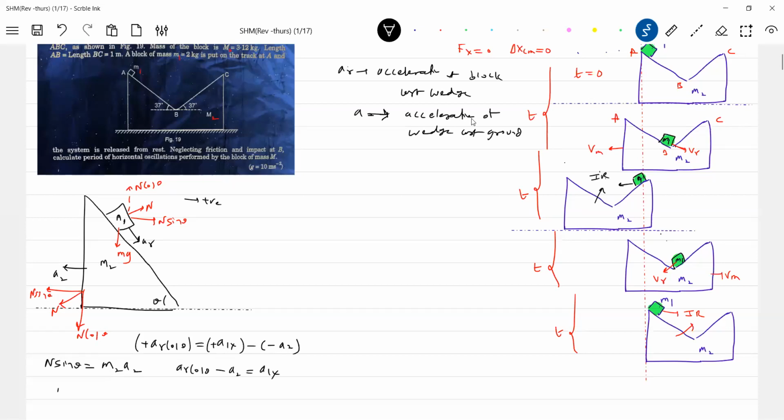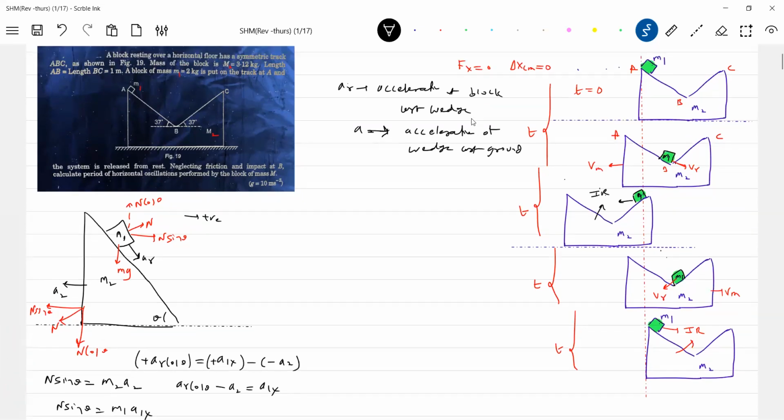Based on this, N sine theta equals M1 A1x. We know the masses M1 and M2. If you want, you can directly substitute and solve. Equating these two, we'll get the relation between A2 and A1x. I'll substitute that, but I need one more. Okay, let me go along the y-axis. I'll start with M1 g.